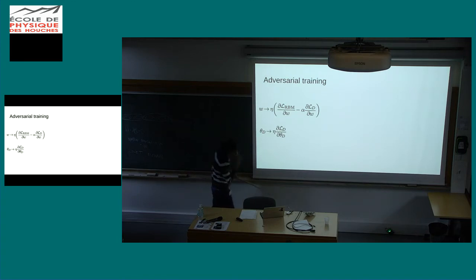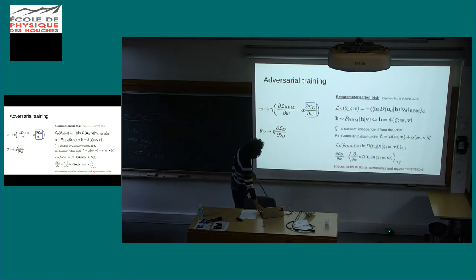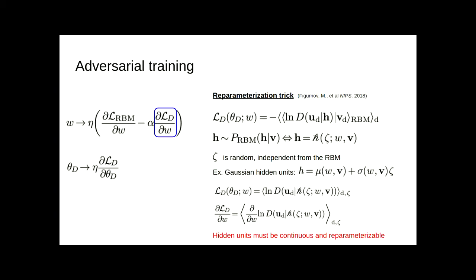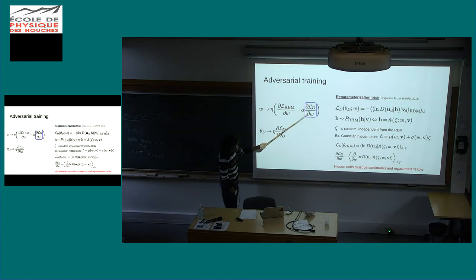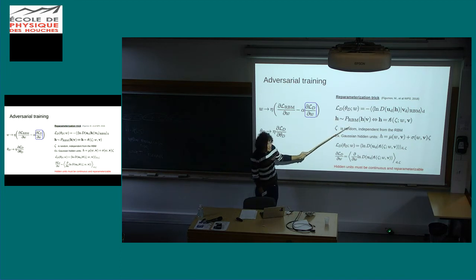There is an issue here, which is related to taking the gradient of the classifier with respect to the weights of the RBM, because in the middle we have this sampling of the hidden units. Here we have to use the same reparametrization trick mentioned before.